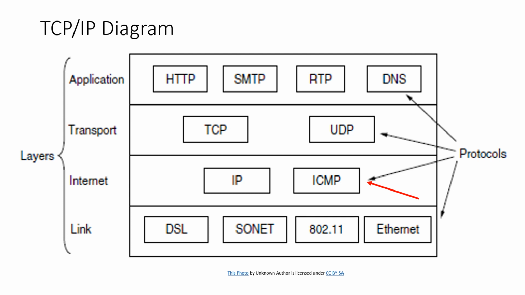At the application layer, the protocols are found that handle common applications users utilize. These include the Hypertext Transfer Protocol, which we all know as HTTP. It handles our web traffic. SMTP, or the Simple Mail Transfer Protocol, is used for sending and receiving emails.